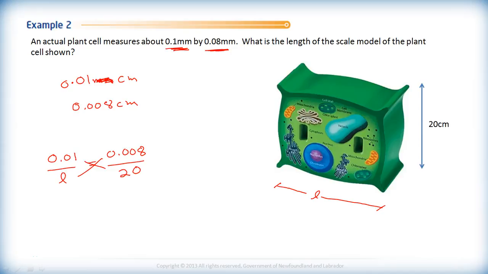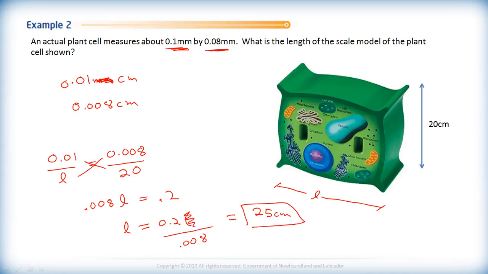So then you can just cross multiply here, and you have 0.008 L, and 20 times 0.01 is 0.2. So then the length of the scale model should be 0.2 divided by 0.008. So let's see what we get when we do that. 0.2 divided by 0.008, and I'm getting 25 centimeters. And that sounds reasonable if the width is 20. So we get 25 centimeters for the length.